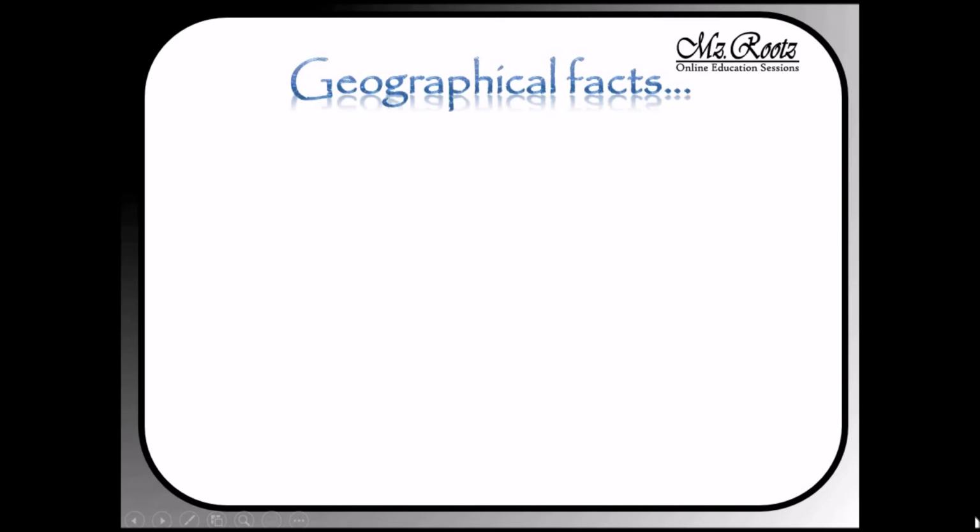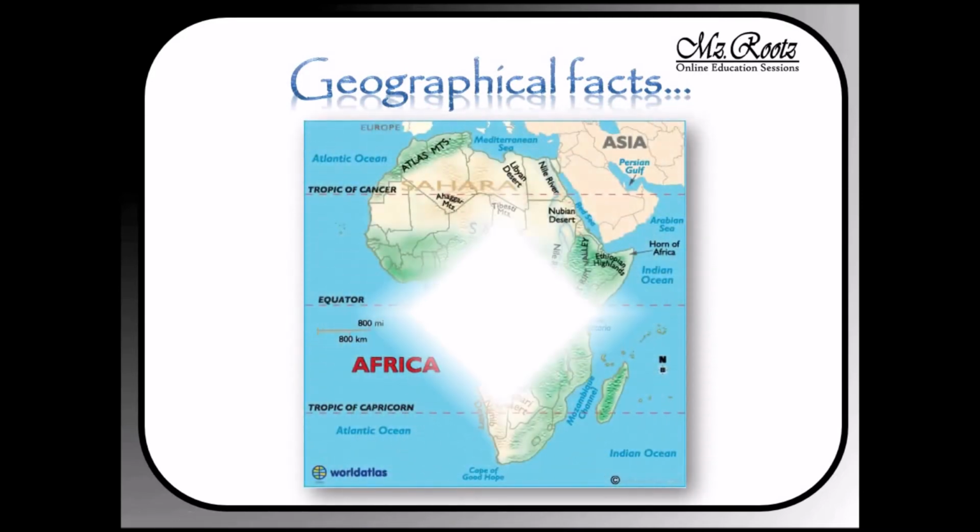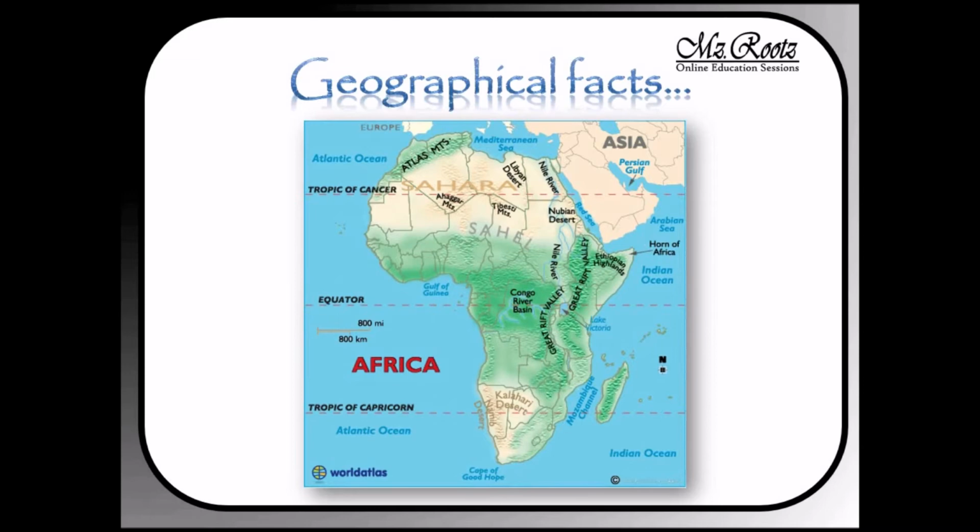So let's take a closer look at the continent of Africa and study some of its geographical facts. We spoke earlier about the invisible line that cuts straight through the middle of Africa. We mentioned the Horn of Africa and the Great Rift Valley.